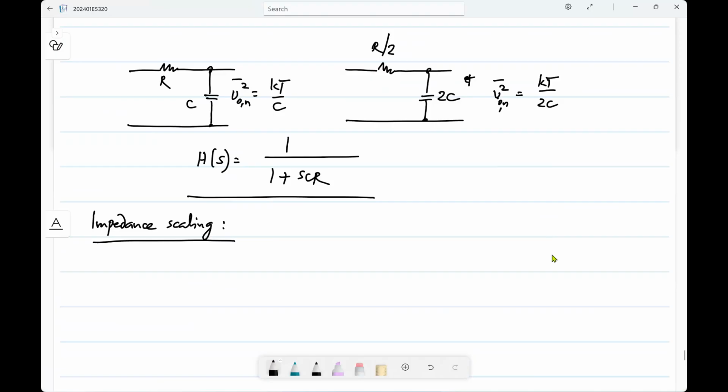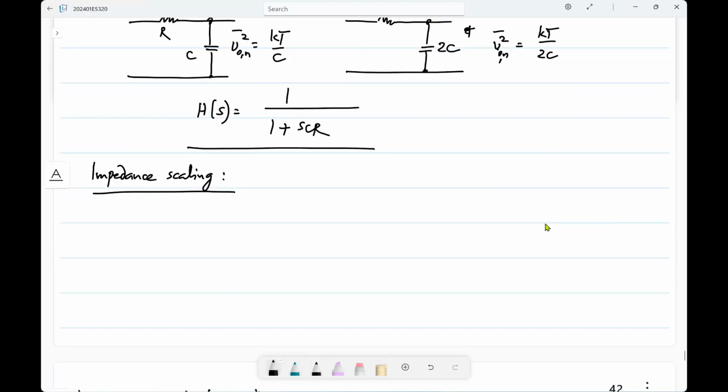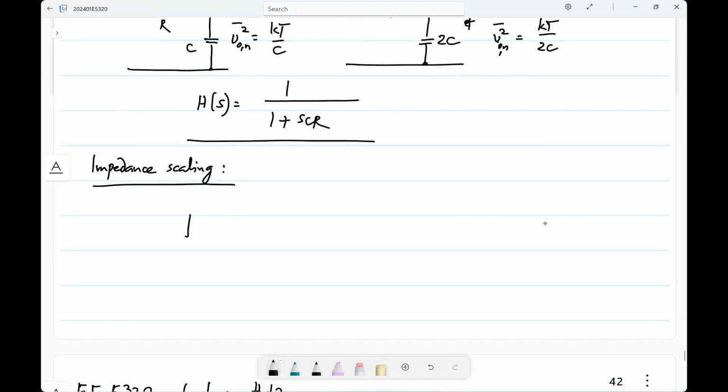So this impedance scaling leaves voltage transfer functions unchanged. Why is that? So let's see. The easiest way to imagine it is the following. Let's say I have some Vi. I'll again use this, but this is true for any circuit.